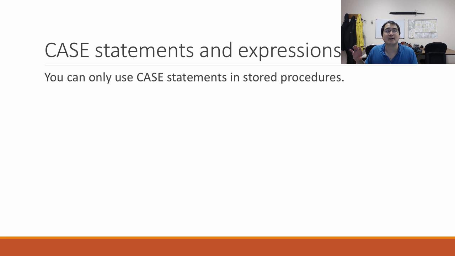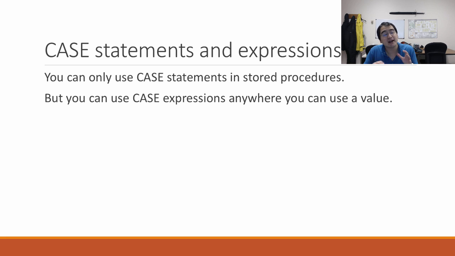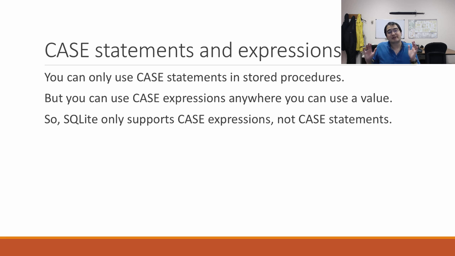Variables are another place that you use generally only within stored procedures. However, case expressions you can use anywhere that you would use a value, anywhere that you would need a particular string or particular number or a particular column set to a particular value. And unfortunately, SQLite only supports case expressions, not case statements.